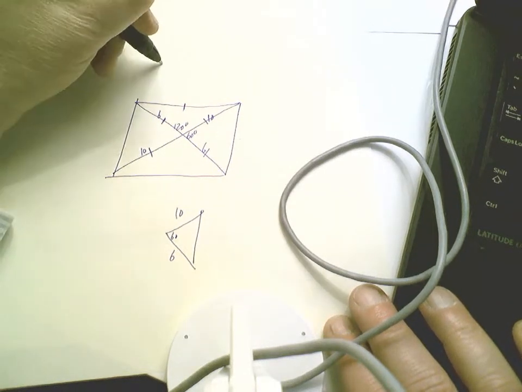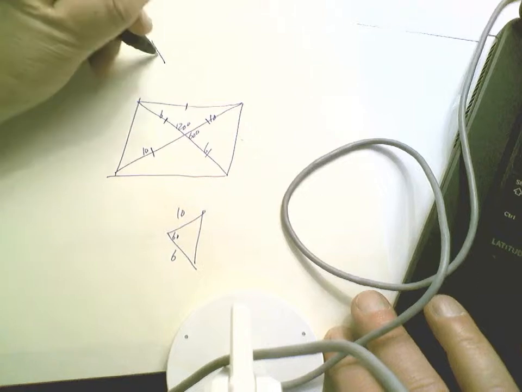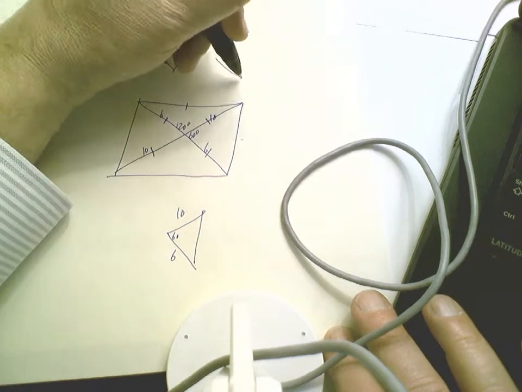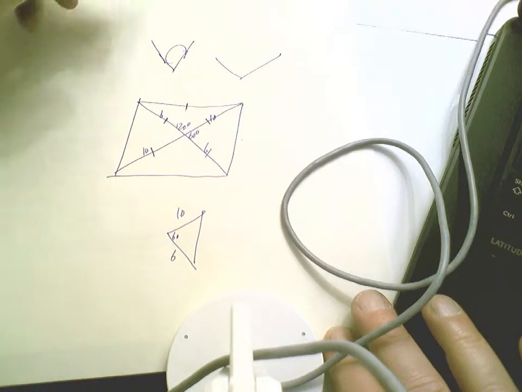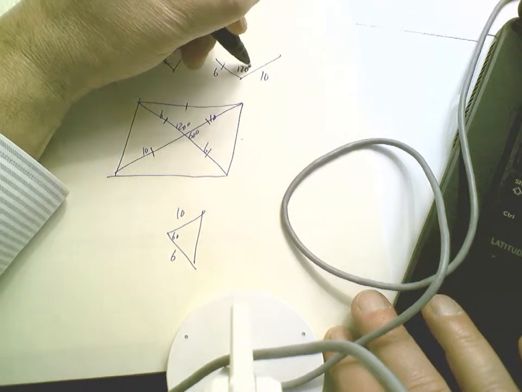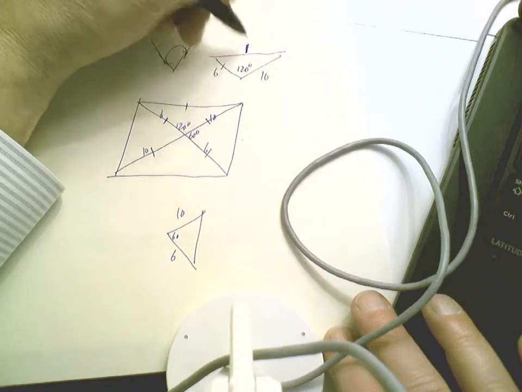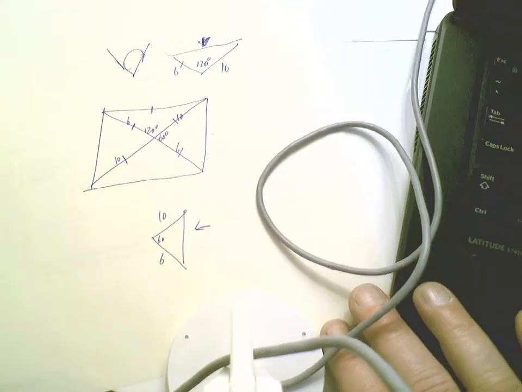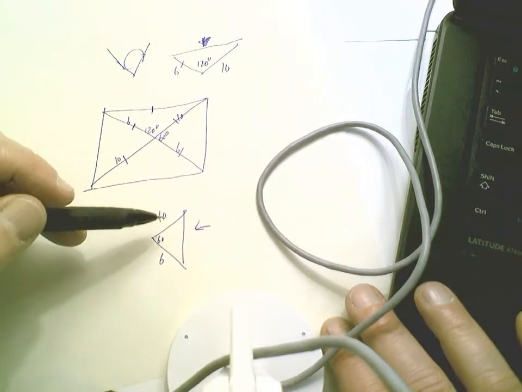And if I could work with this triangle that has what? Let's make it a little bit more like this. That's a better representation. Has what? 6, 10, and 120 degrees. I'll be able to find that value. Can I do that? Absolutely. The law of cosines is going to work beautifully 2 times.